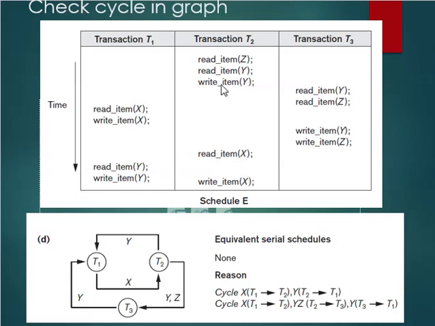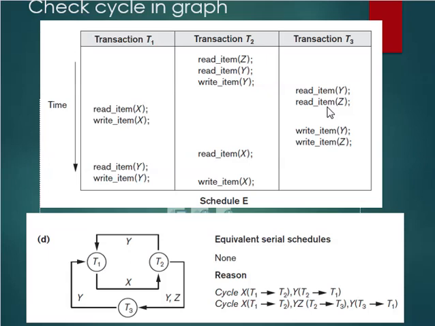Okay, so here you can see after read item Z, T1 contains no operation on Z, but T3 contains read item Z, and it won't affect because both are read item of Z. The first operation on Z in T3 is read item of Z, so it won't produce any conflict.